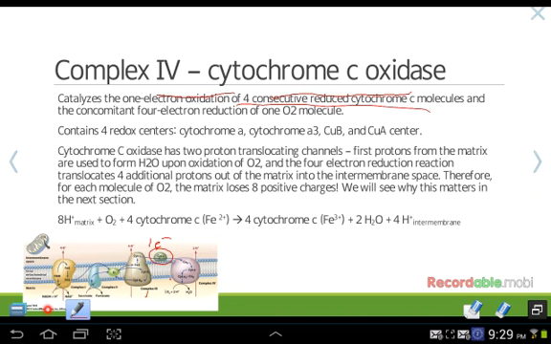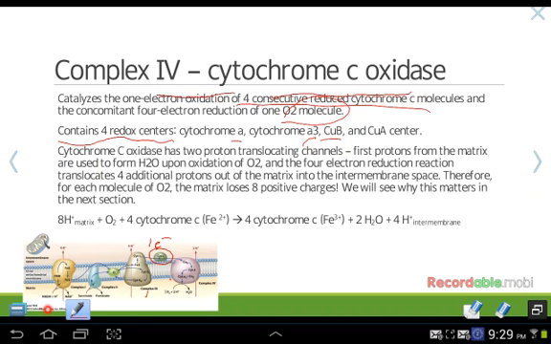It needs 4 electrons in order to reduce 1 molecule of O2 into water. This complex contains 4 redox centers: cytochrome a, a3, copper B, and a copper A center. Cytochrome c oxidase has 2 proton translocating channels.